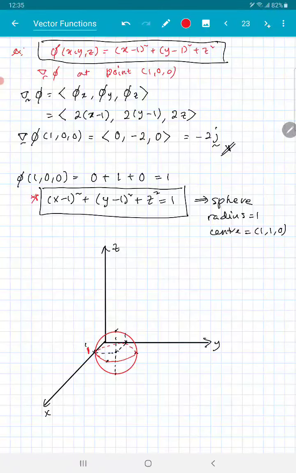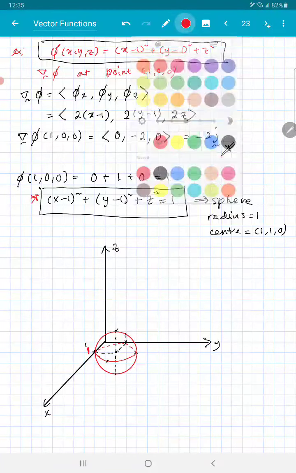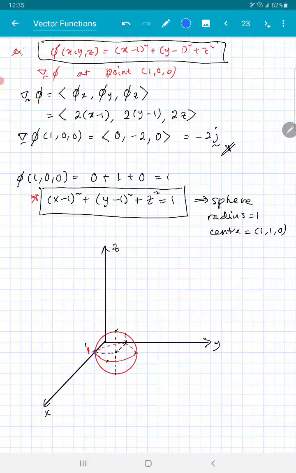Point (1, 0, 0) would be this point on the surface. The gradient of phi at point (1, 0, 0) is negative 2j, which is this one.